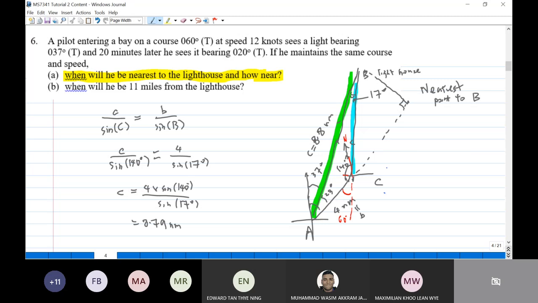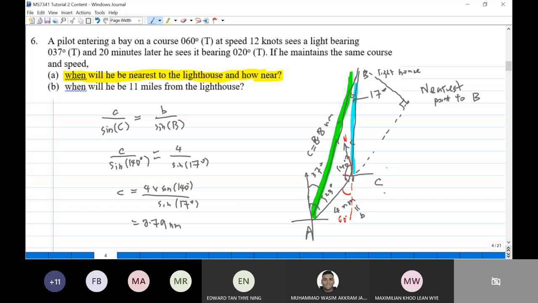This is how far away the lighthouse is from the pilot in the beginning. Okay, so I need to know how near the lighthouse is to the pilot, right?